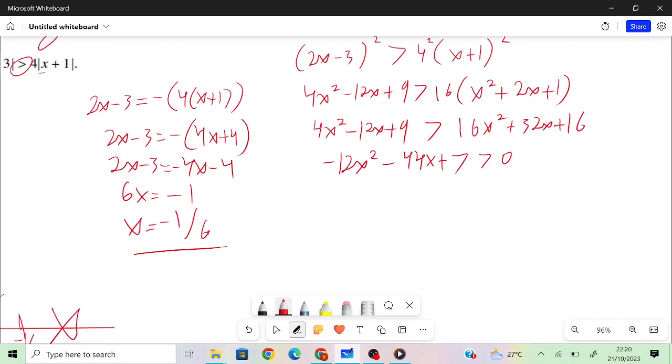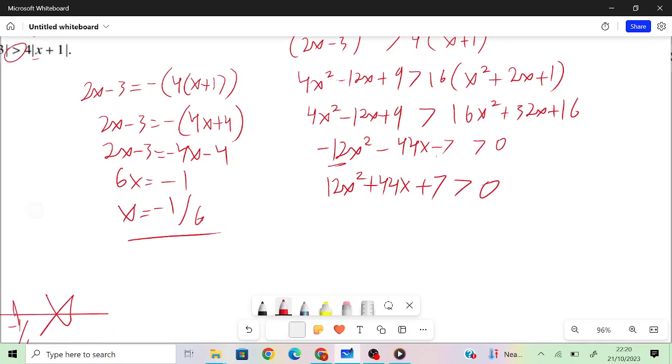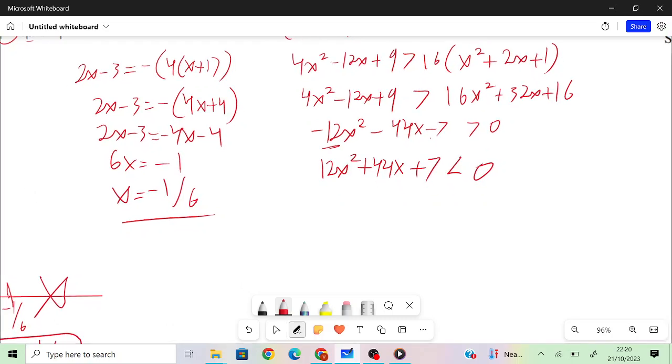Going ahead with our factorization, or rather first of all take everything to the right hand side. Always work with a positive coefficient of x squared, so this becomes 12x squared plus 44x, okay, my bad, sorry guys, this is meant to be minus 7, and then this becomes plus 7, less than 0, because we took everything to the other side, or times it by minus 1, same way of saying it.